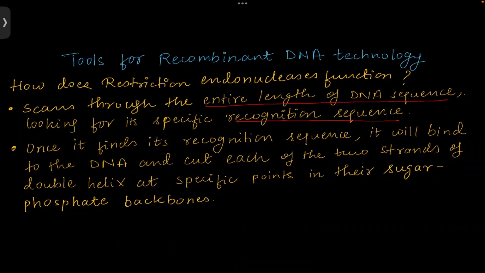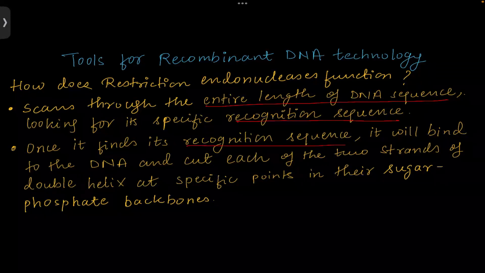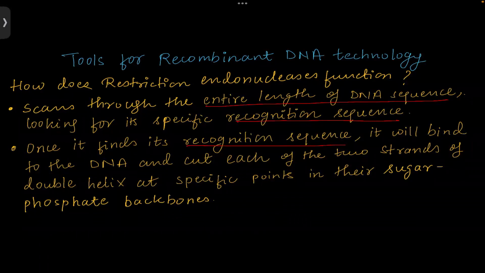Once it finds its recognition sequence, it will bind to the DNA and cut each of the two strands of the double helix at specific points in their sugar-phosphate backbones. After it has found its recognition sequence, it will bind to the DNA, and simultaneously cut both the DNA strands, the double helix structure.